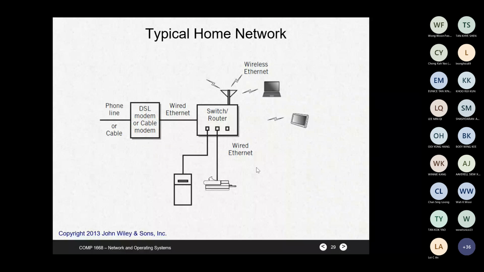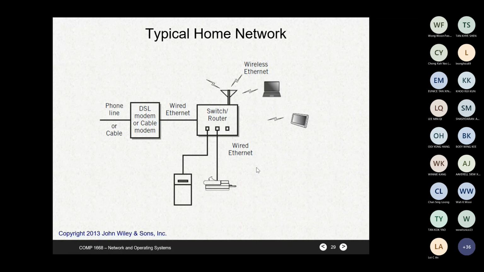Typical home network. Today's home network, as all of you are aware, is also quite complicated and advanced, because you might have 10 to 20 devices connected to your home Wi-Fi.